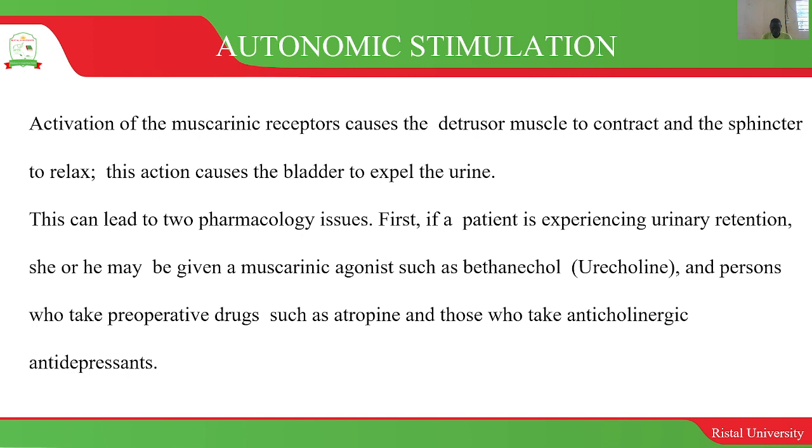This can lead to two pharmacological issues. First, if a patient is experiencing urinary retention, he or she may be given a muscarinic agonist such as bethanechol, or urecholine, the other name. And persons who take preoperative drugs such as atropine and those who take anticholinergic antidepressants.